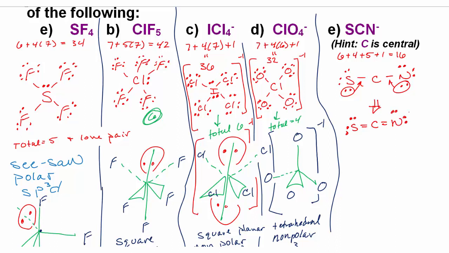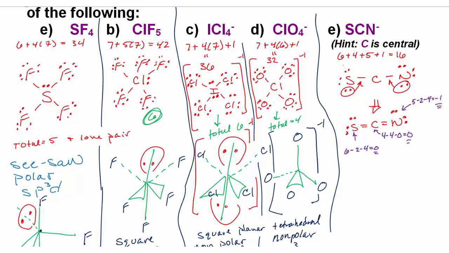Calculate our formal charges. We have 6 valence minus 2 bonds minus 4 lone electrons. That one's 0. Carbon, 4 valence minus 4 bonds minus 0 lone electrons. That one's 0. And nitrogen, 5 valence minus 2 bonds minus 4 lone electrons. -1.